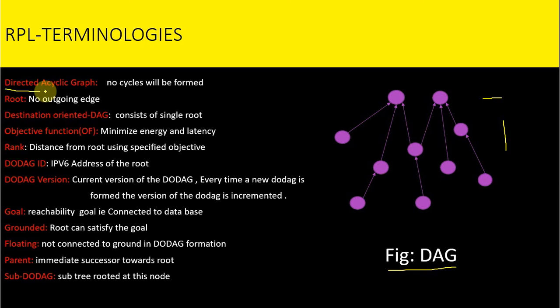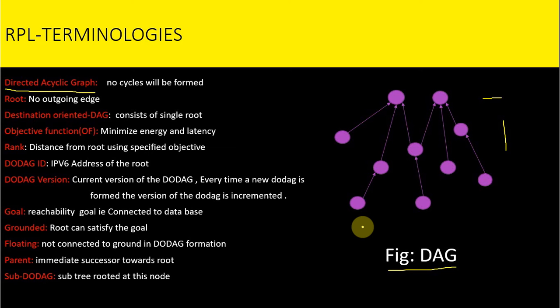First, what is meant by directed acyclic graph? No cycles will be formed. The graph which contains no cycles is called a directed acyclic graph, and directed means it is pointing towards a particular direction. As you can see in this graph, they are pointing upwards, so they are called directed.